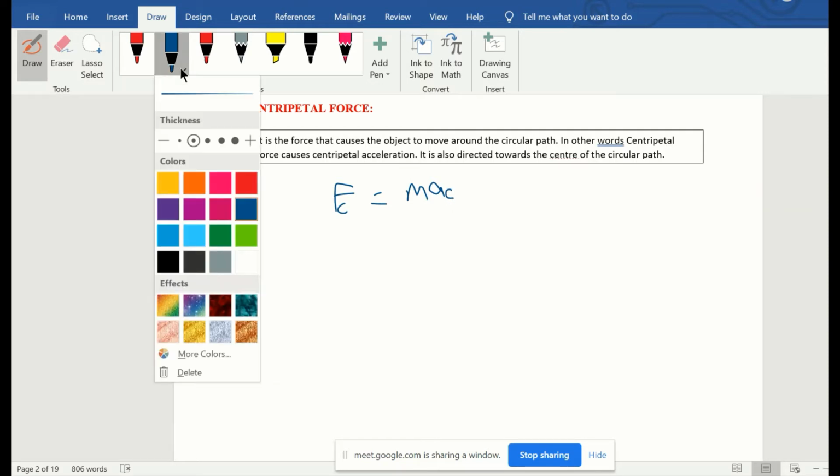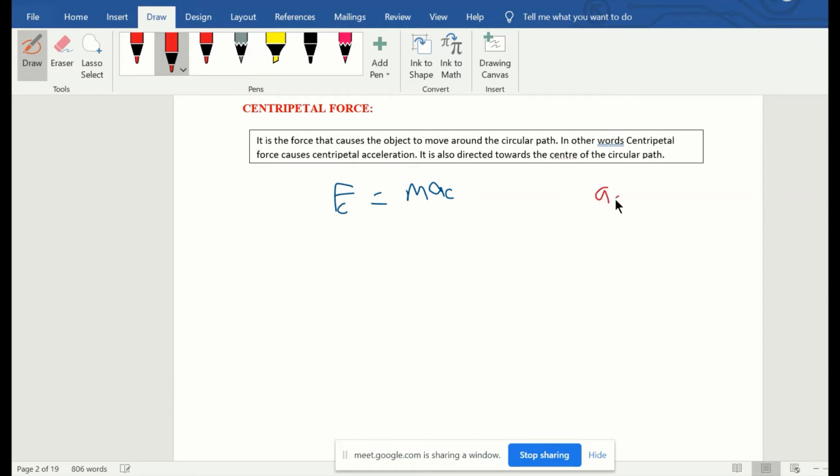Now, if you remember, I was saying earlier on that a subscript c is equal to v squared over r. So I can substitute this value for a subscript c. So therefore, I can say that the centripetal force, which is F subscript c, is equal to the mass times the centripetal acceleration, which is v squared over r.